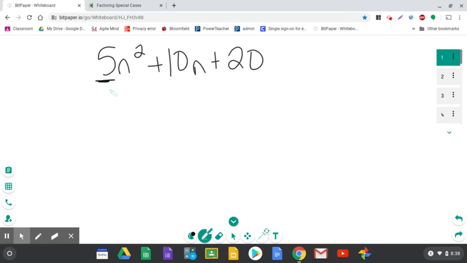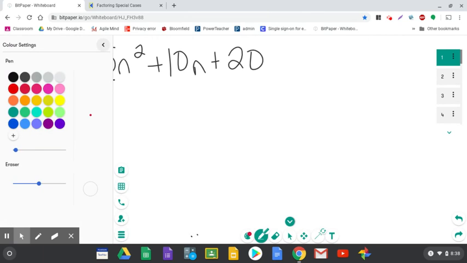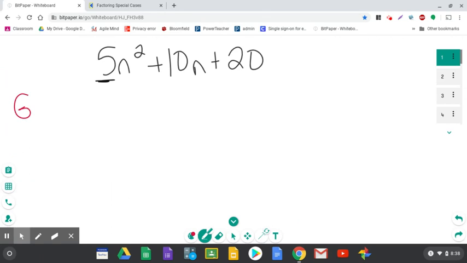So again, the first thing you want to see is there a GCF that you could take out, right? Because if there is, that should always, always, always be your first step. So if I look at the numbers, I have a 5, a 10, and a 20. So do they have a GCF in common?